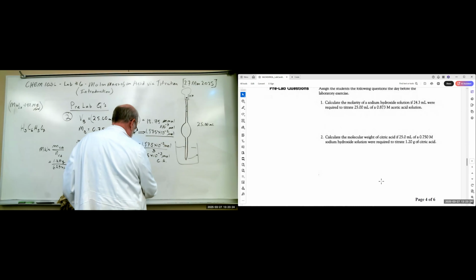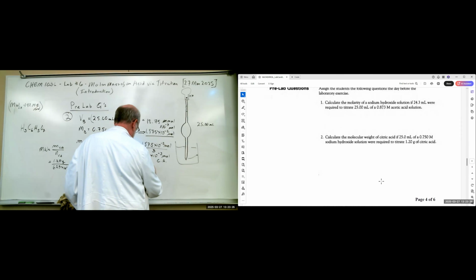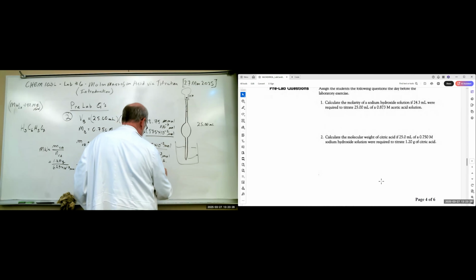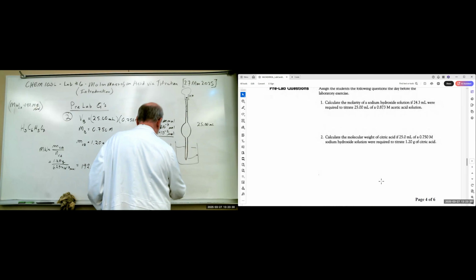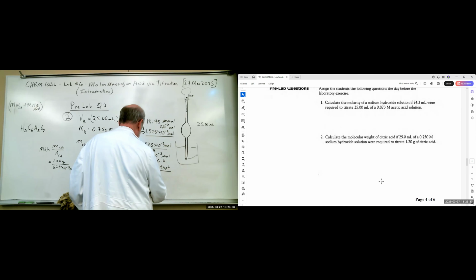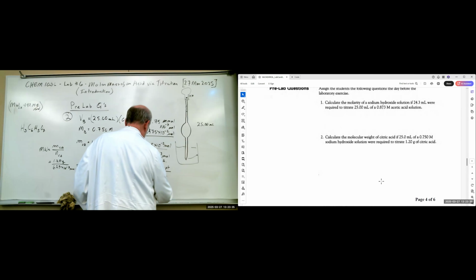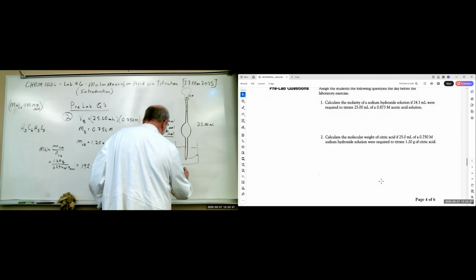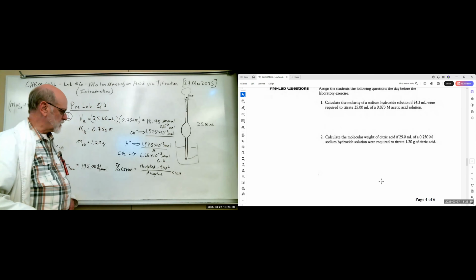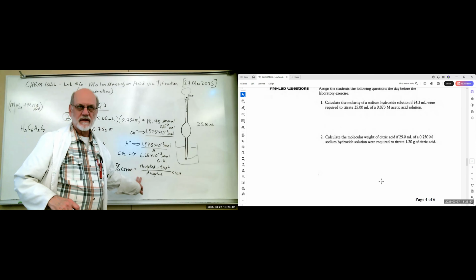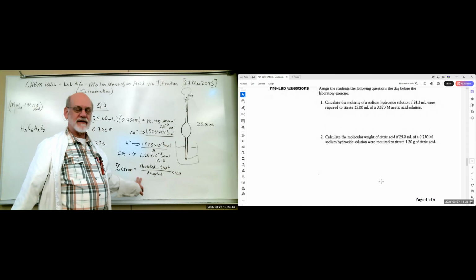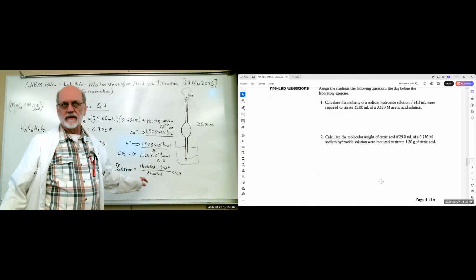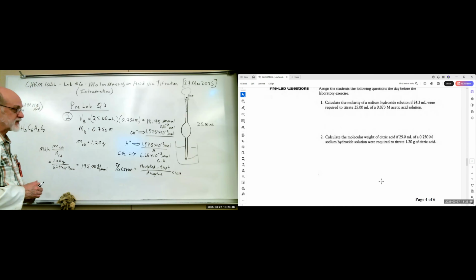Yeah, it's accepted value minus experimental value divided by accepted times 100. And if you can get a value less than 5% with your first try at titrations, you're doing really good. I've seen them under 1% before. Those, I think it was a bunch of girls. They were real sticklers.